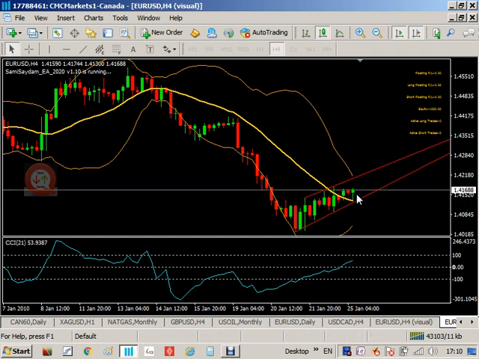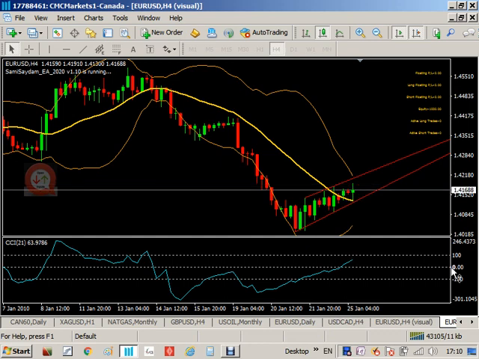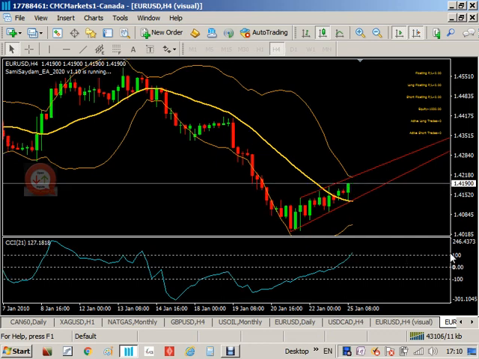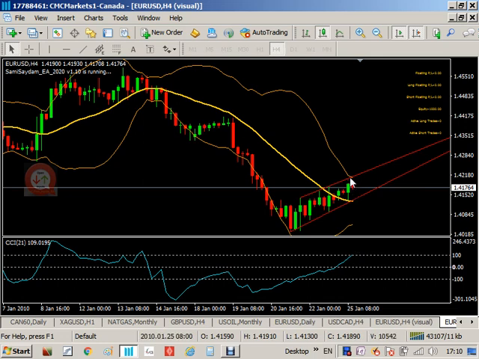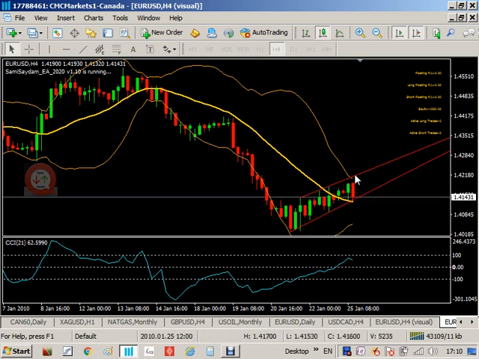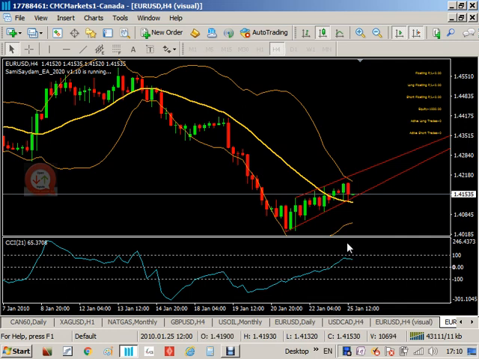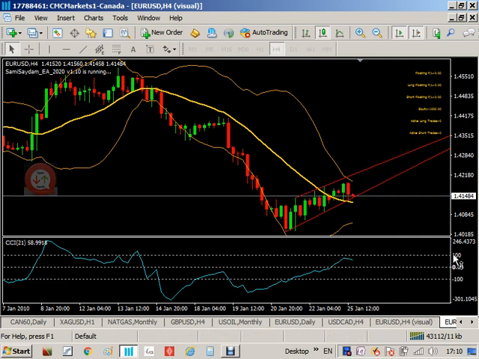It's going up, touching the upper CCI line and the upper Bollinger Band. I can take my profit when it is over my plus 100.